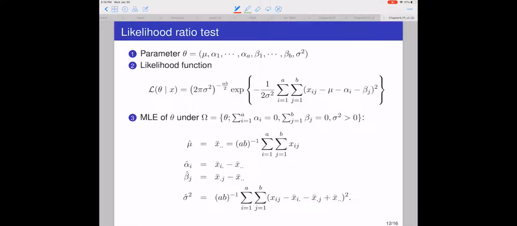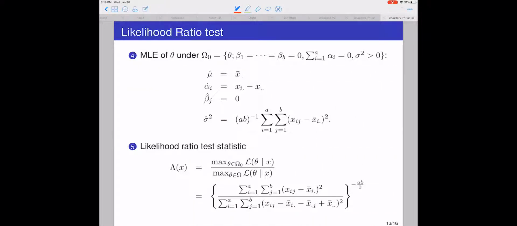This is the test we want to perform, and it's the same story. We can form the likelihood function. Since this is normal, everything is easily derived. Under the full parameter space, this is the MLE solution, and under the restricted parameter space, we can impose this restriction and solve.